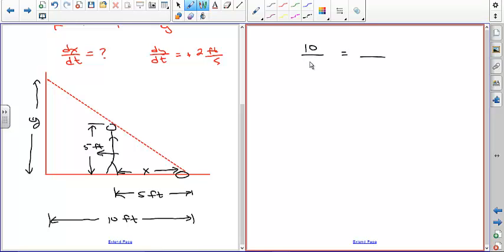So it'd be 10 over 5 equals, which 5 are you using? This height, or his height, which doesn't change? Yeah, but we have to use x there. If you're using this 10, then you'd have to use x there, okay? And then what's on the other side?